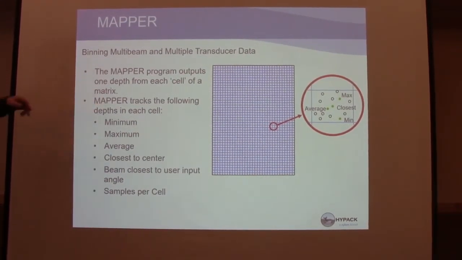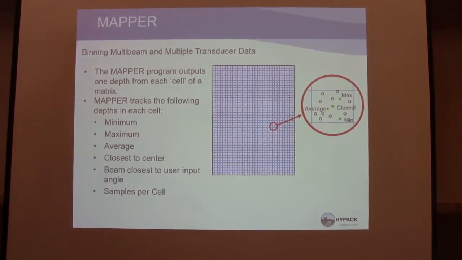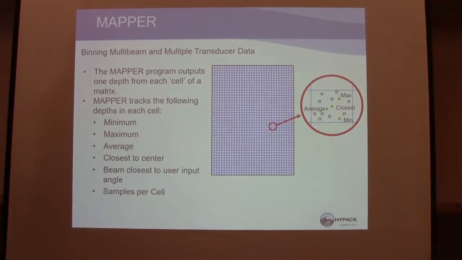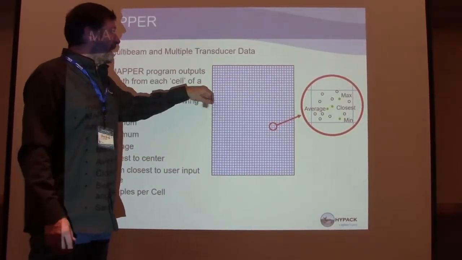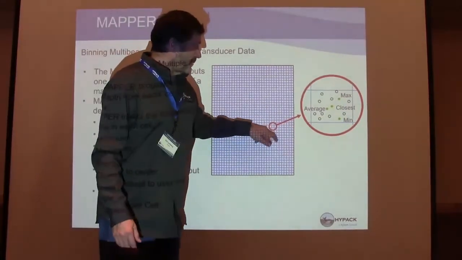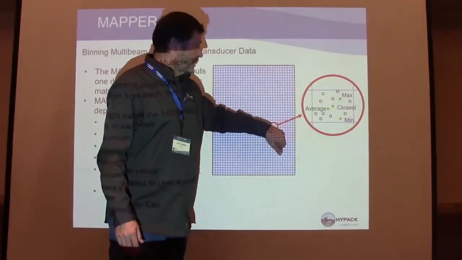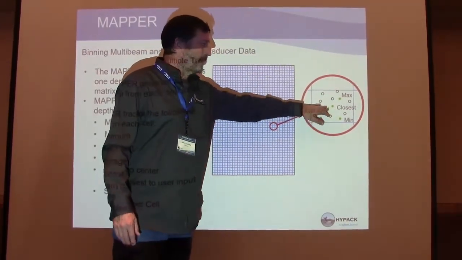what it does require, it requires you to create a matrix file, and a matrix file is basically just a rectangle with a user-specified grid size in there. So an example, I might have a pretty large multi-beam data set. I want to save a 2x2 grid. So each, as we see here, each cell, matrix cell, will have quite a few different soundings in here.